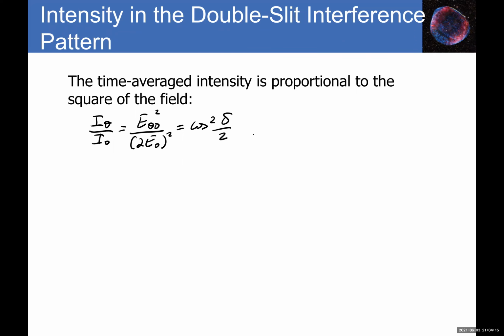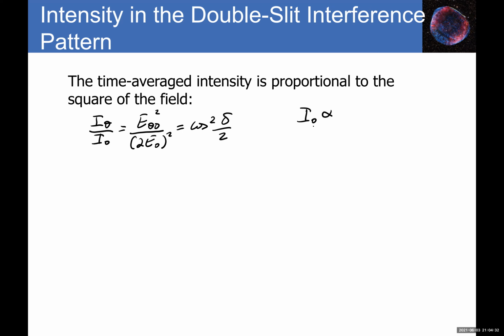Combining those two equations, we can basically divide them and get cosine squared delta over 2.